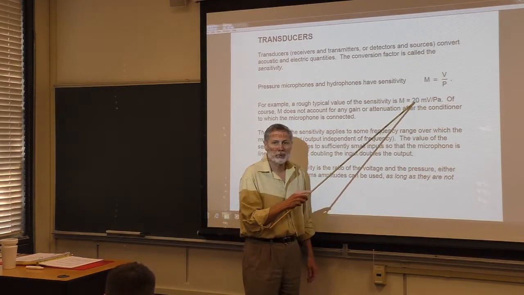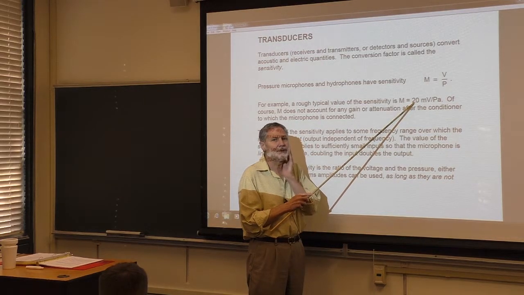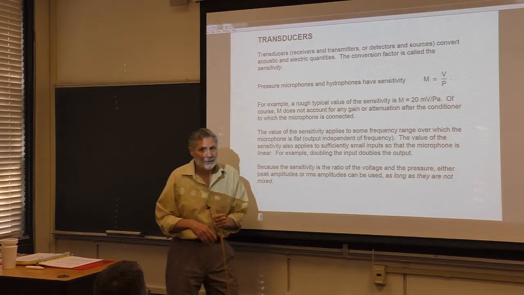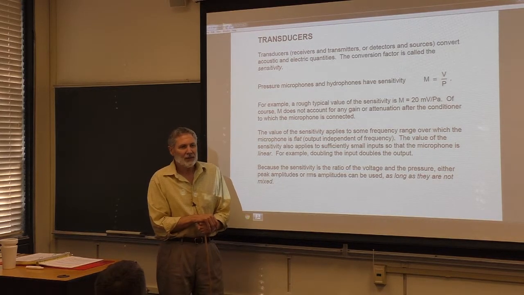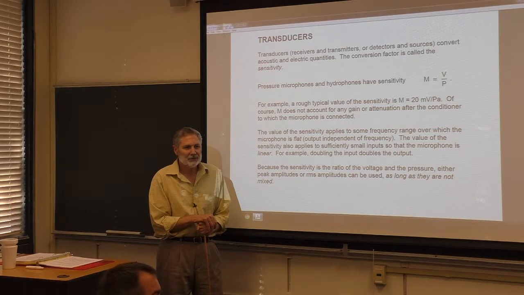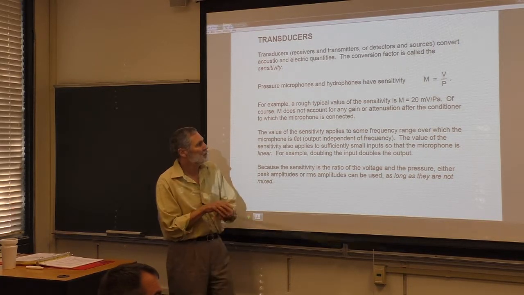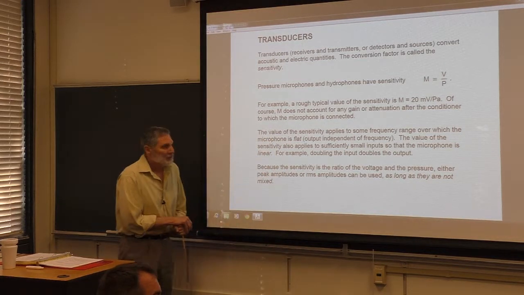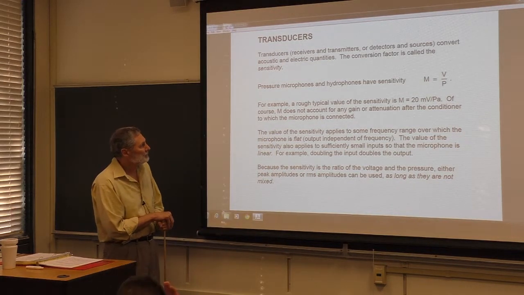For the experiment, what was the sensitivity? You guys remember? You wrote it down, right? If you didn't, you can always go back in the lab. The distance learning students, I'm sure, have it. Yeah, it's roughly millivolts per Pascal. So that's the sensitivity of the microphone.